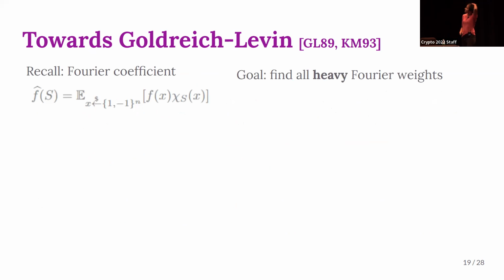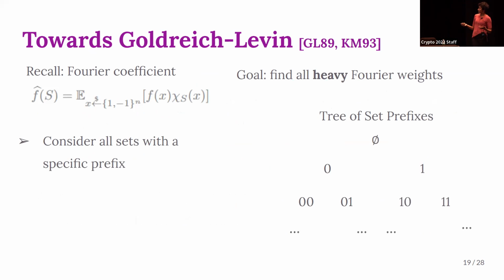Now, in order to find all heavy Fourier weights, we'll end up needing to use a little bit of a trick, which is that we'll consider the tree of all set prefixes.